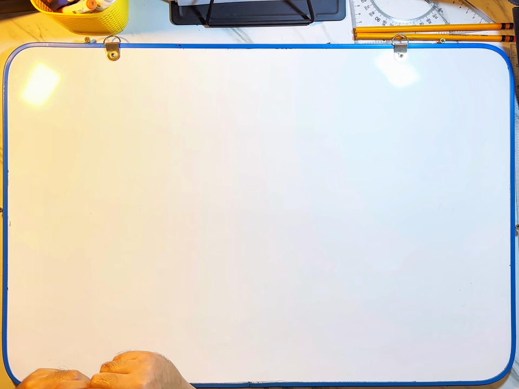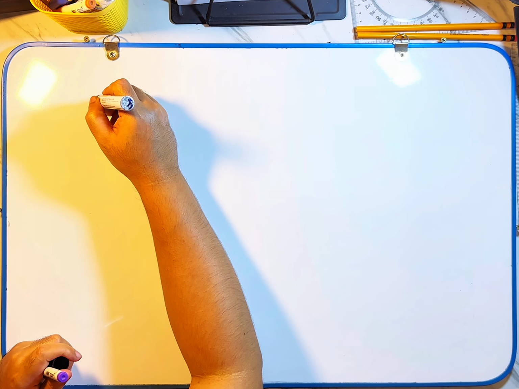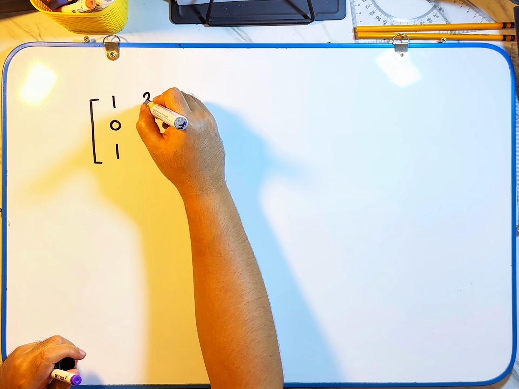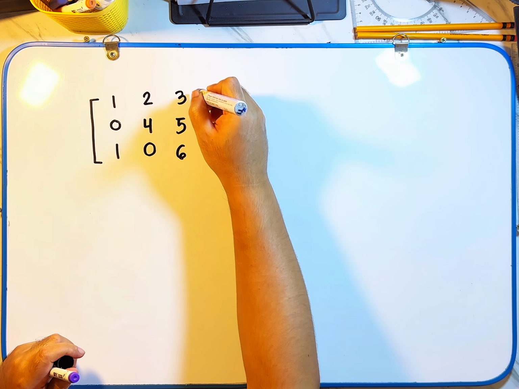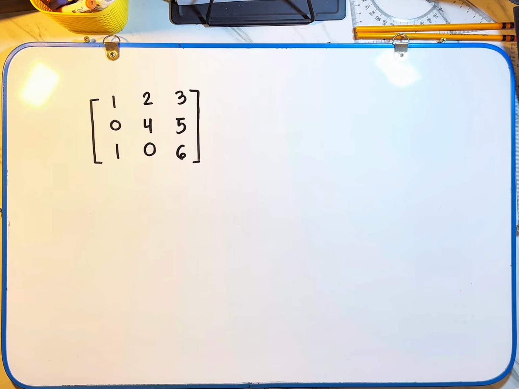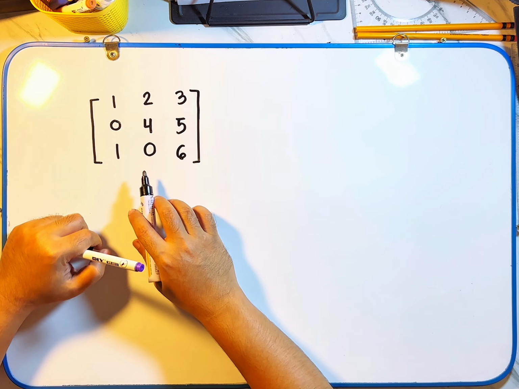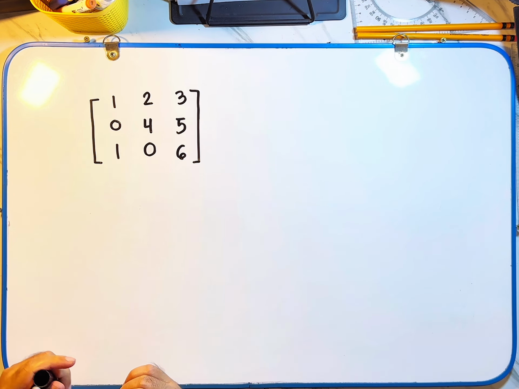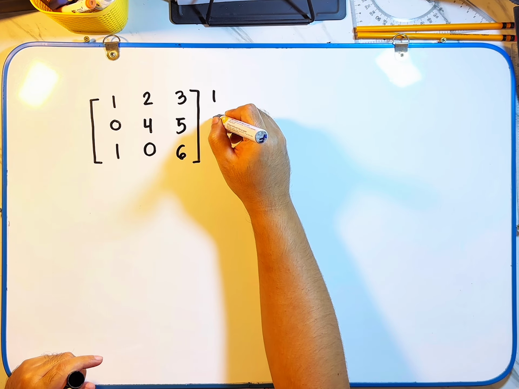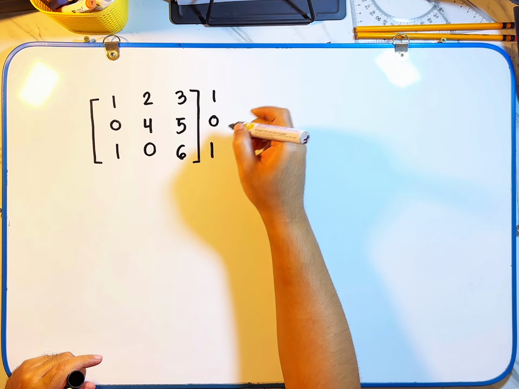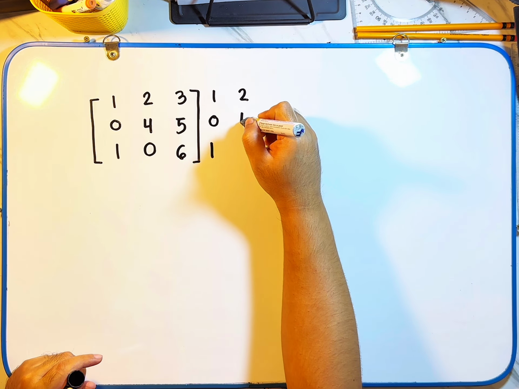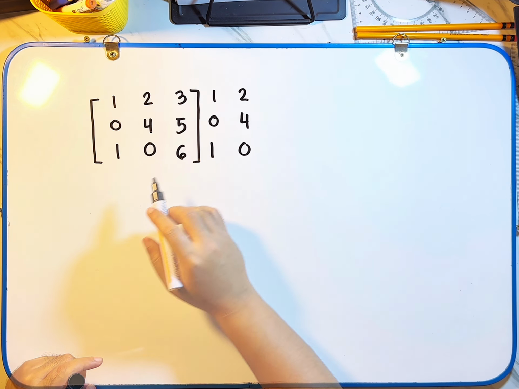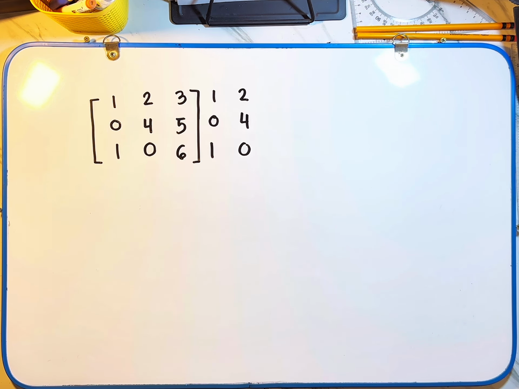Let us try another 3 by 3 matrix. All right, the first step is to write the first two columns to the right outside. Let's copy 1, 0, 1, and then 2, 4, 0. Now we can begin the basket method.